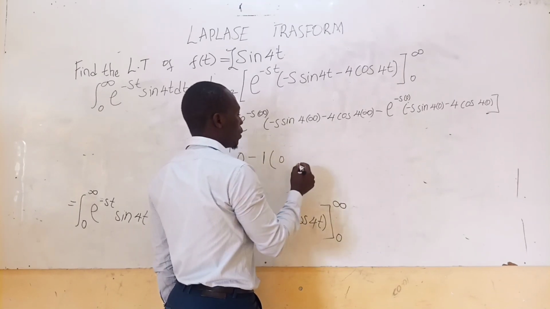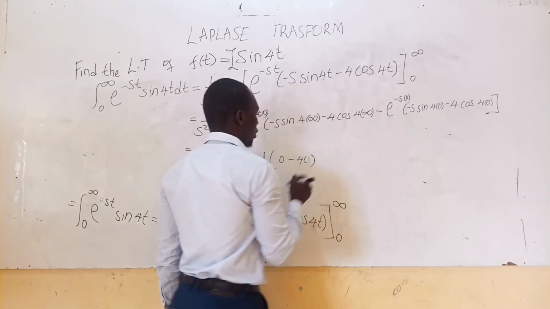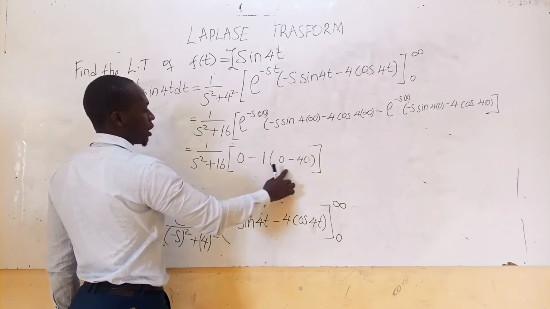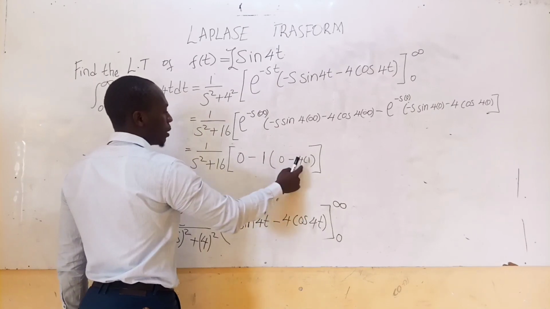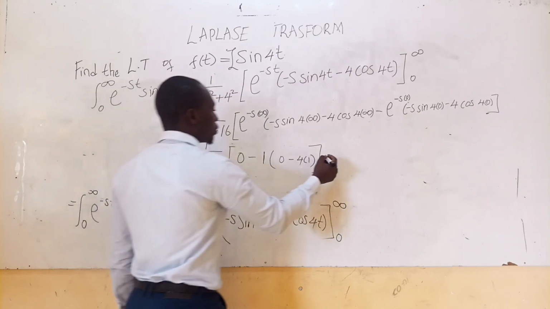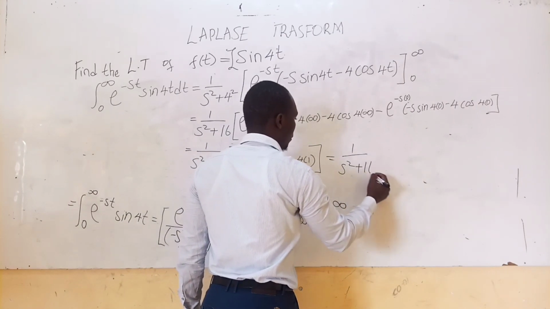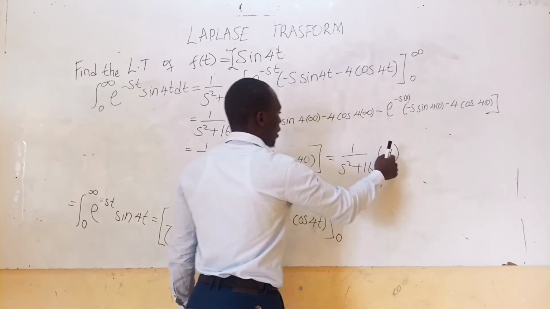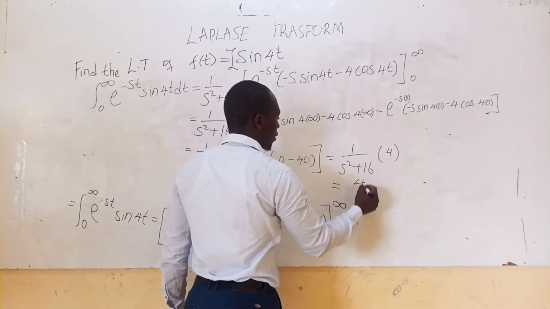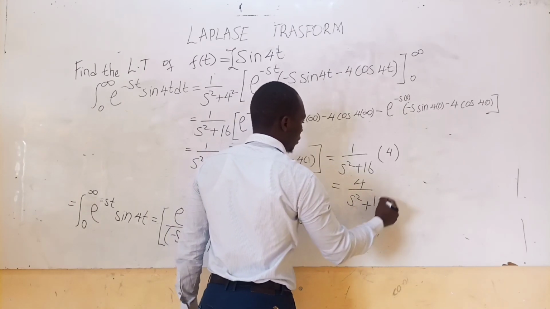So we are going to have 0. We subtract 4. Cos of 0 is equal to 1. When we simplify what we have within this bracket, we are going to have negative 1 multiplied by negative 4, which is going to be 4. By doing that, we have 1 over s squared we add to 16 multiplied by 4. So 4 multiplied by 1, and our answer is 4 over s squared we add to 16.